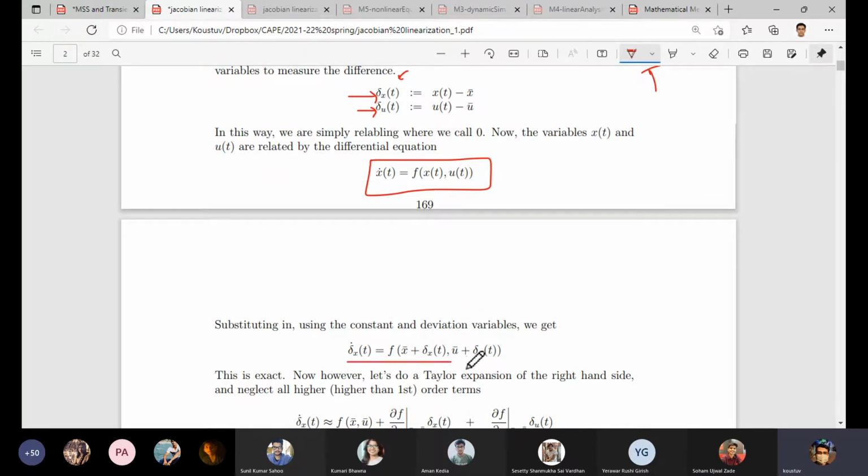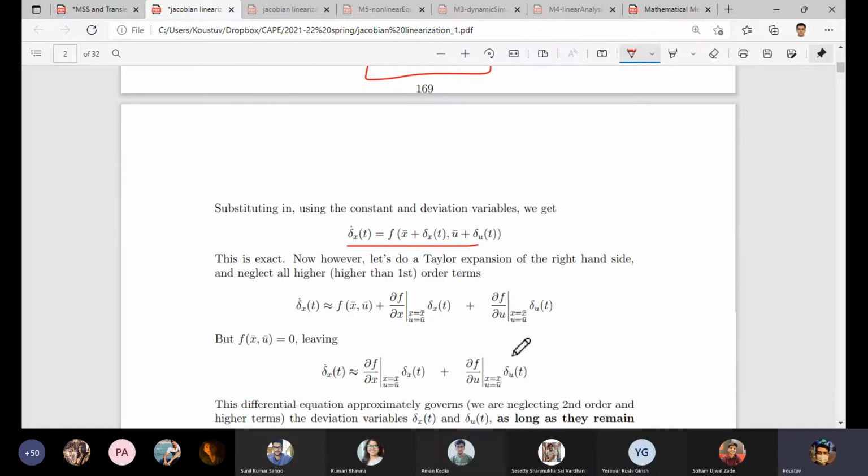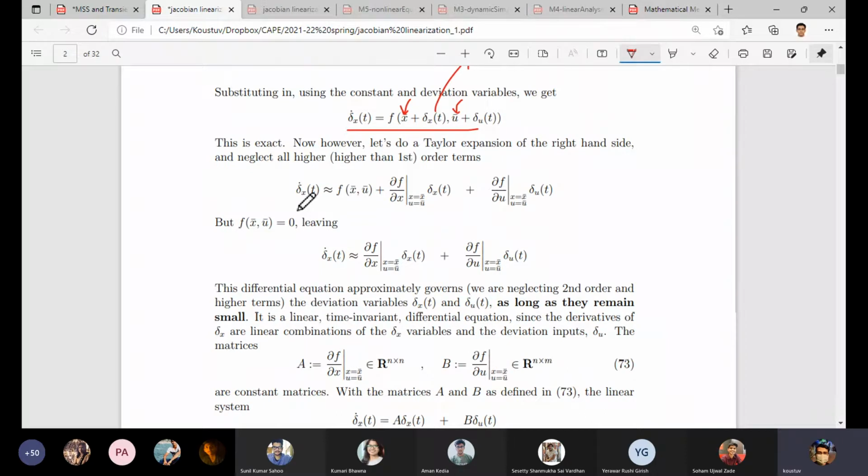Then we write a Taylor series expansion about this point, about x bar and u bar, knowing that delta x and delta u are very, very small. So we can keep just the first order term. All the higher order terms we neglect because they will be even smaller. That is why I write it as a first order approximation of the Taylor series.